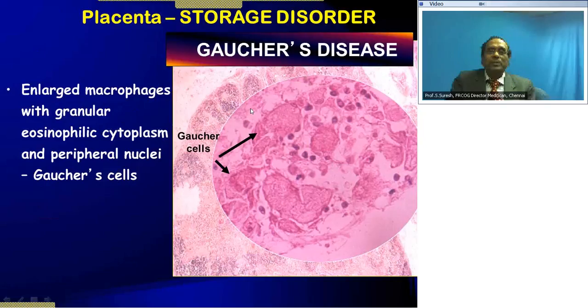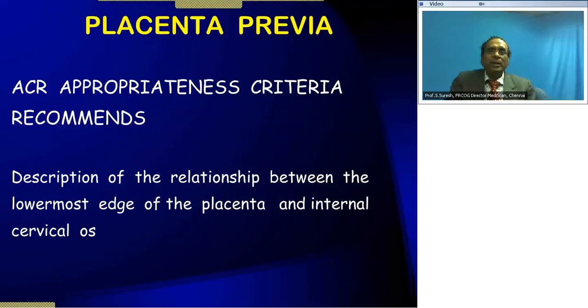So this baby had Gaucher's disease with classical Gaucher's cells in the placenta. For this mother, this was conclusive proof that this baby had Gaucher's disease, an autosomal recessive condition, and we could do prenatal diagnosis in the next pregnancy at 12 weeks or so. So it's important again to examine the placenta in a case of non-immune hydrops.